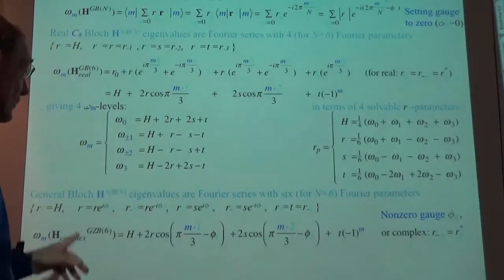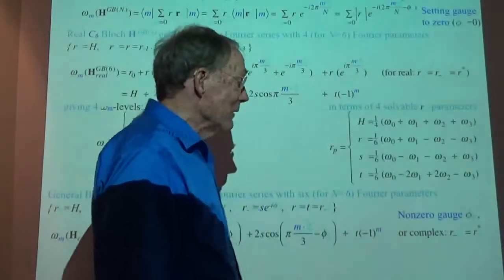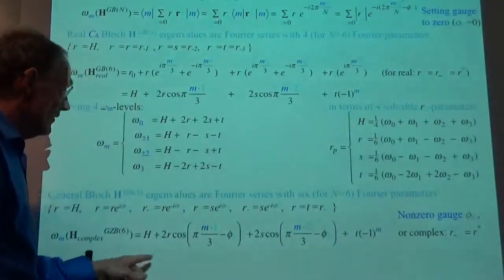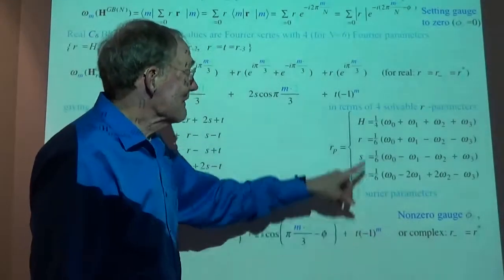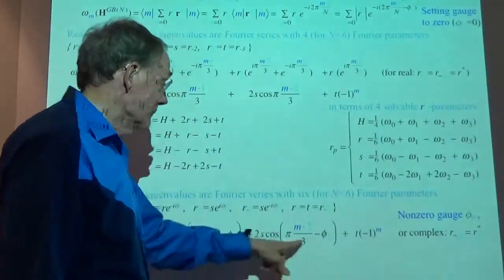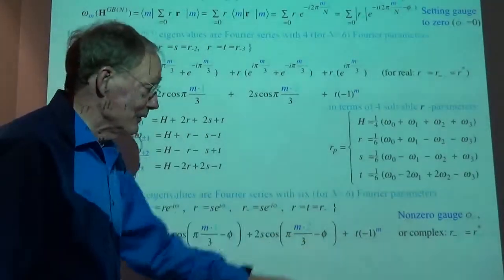All right? Now the general block eigenvalues have 6 Fourier parameters with non-zero gauges. Okay? Stick those numbers into those cosines there. Okay, and that one doesn't get to play the game because it has to be real. But these guys can play. So you got 2 more parameters.